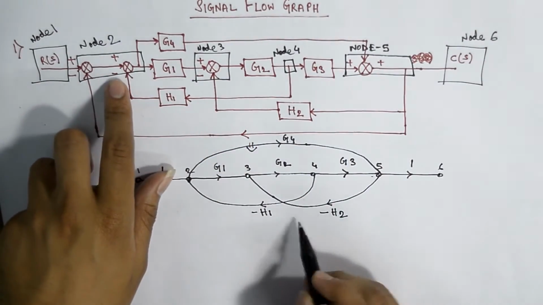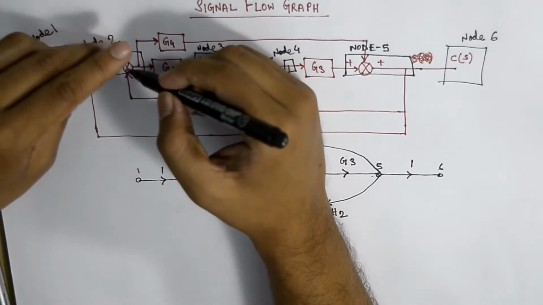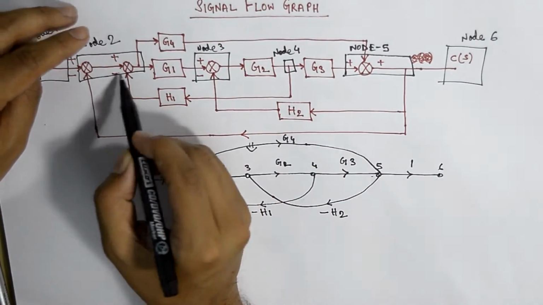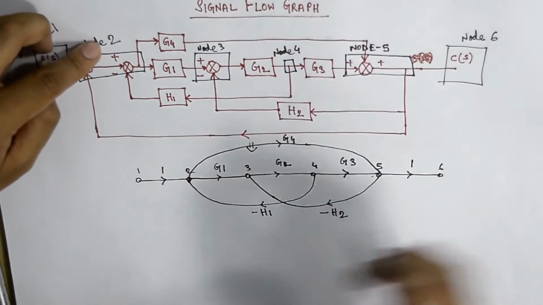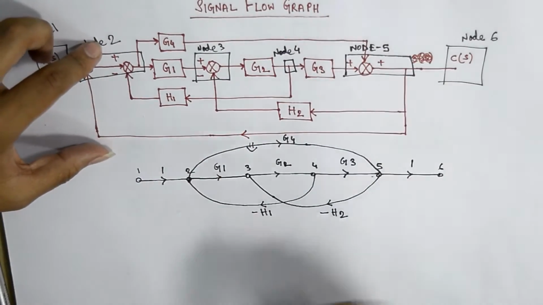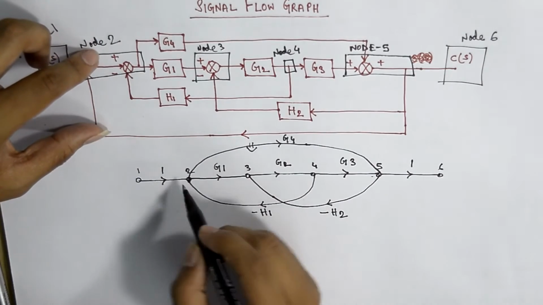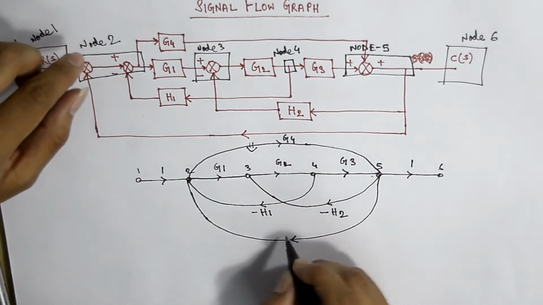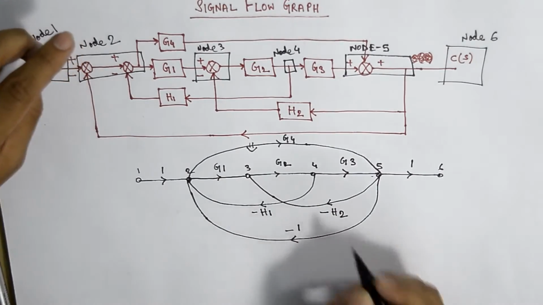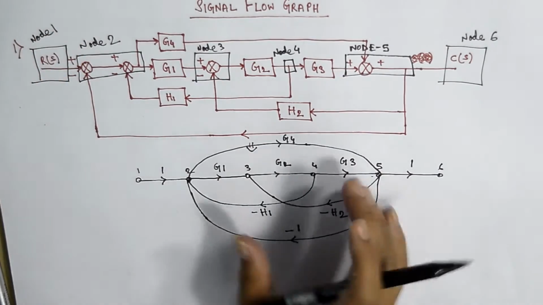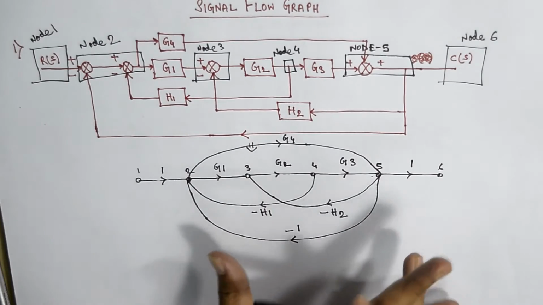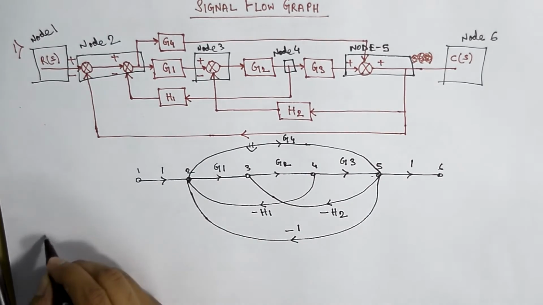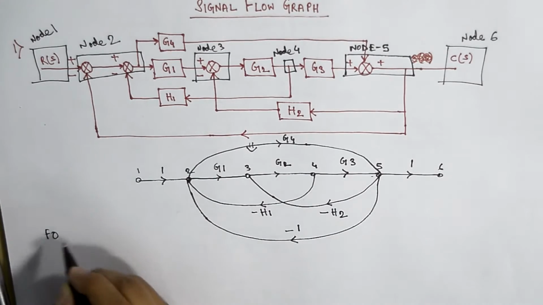We are giving the minus sign here because, as you can see, in the summing point there is a subtraction. From node 2 to node 5, there is another feedback loop. So we will draw another feedback here. Consider this as minus 1. So here our signal flow graph is ready. Now to determine its transfer function, at first we have to find the forward paths.